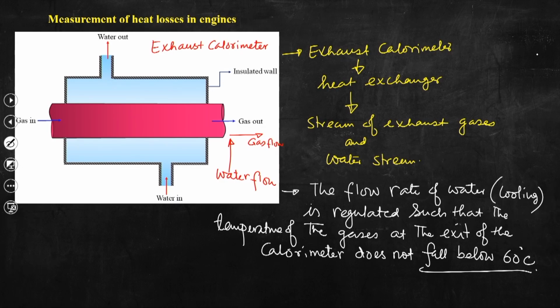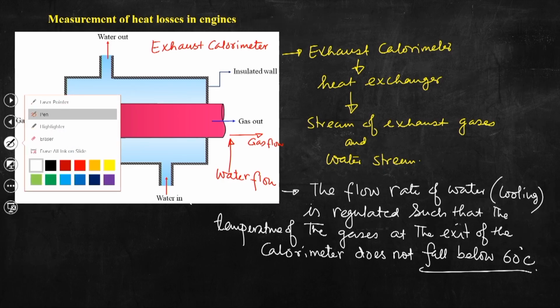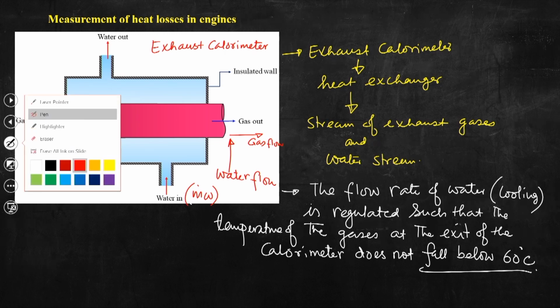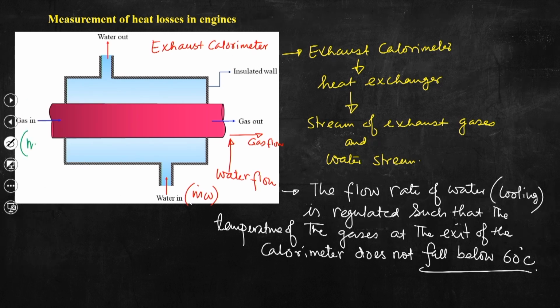So, now if we go back to the previous slide, if we assume that the mass flow rate of water is m dot w and the gas flow through this tube is m dot g, then we can have some heat balance or energy balance of the exhaust calorimeter for this typical circuit.